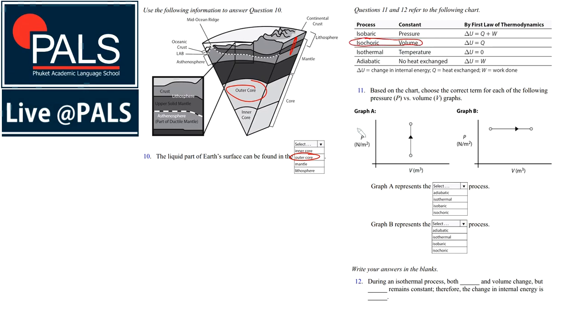Volume constant is called isochoric. So that should be isochoric. Graph B is the opposite. We can see that this pressure value here remains the same. There's no change in it while the volume is changing. Therefore, this is an example of constant pressure, called isobaric.